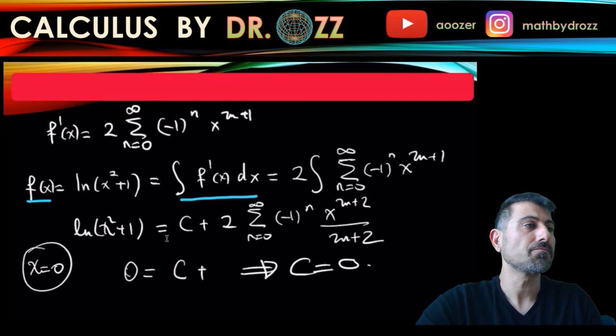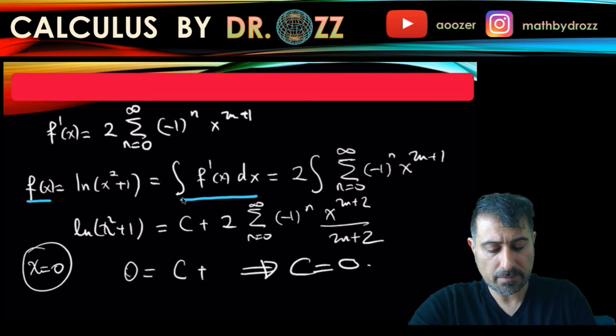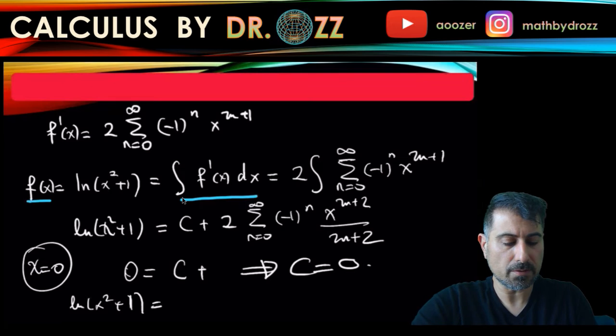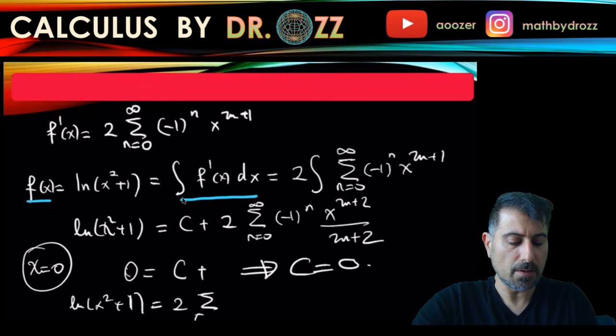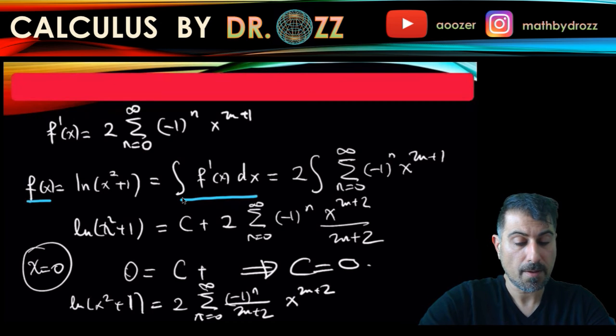And one final thing that you can check by yourself, since this is already a very long video for this question, is the convergence of the power series. So this is 2 times the sum of negative 1 to the n divided by 2n plus 2 times x to the power of 2n plus 2.